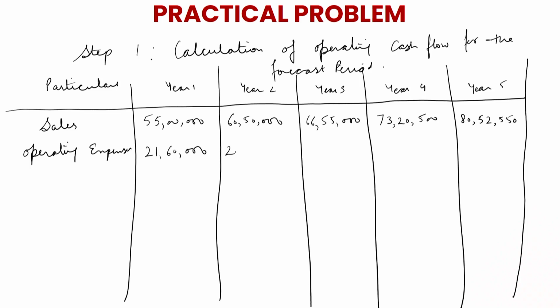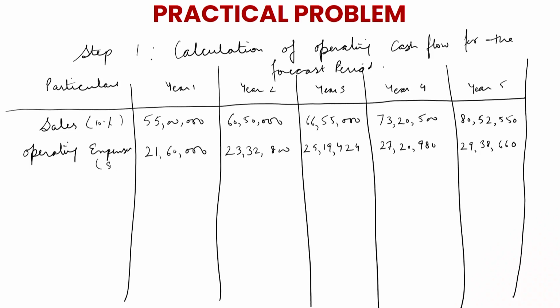Again adding 8%, we reach the figure of 23 lakh 32,800. Then 25 lakh 19,424, 27 lakh 20,980, then 29 lakh 38,660.